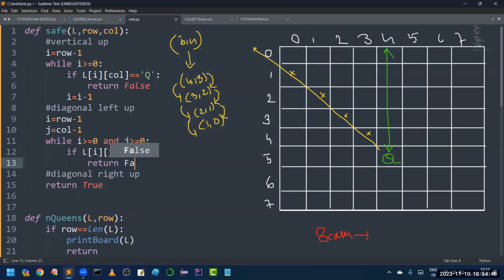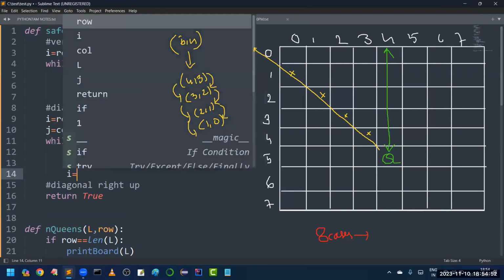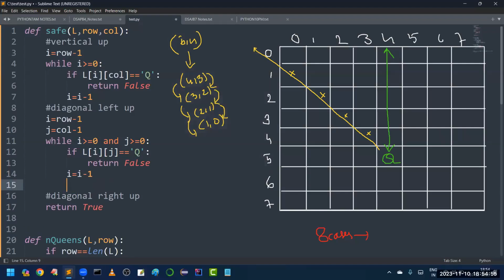If any queen is there, I am going to return false. Okay, so if the queen is not there, then what we have to do? You have to change the value, like i is equal to i minus 1 and j is equal to j minus 1.